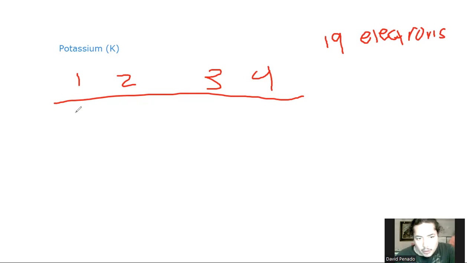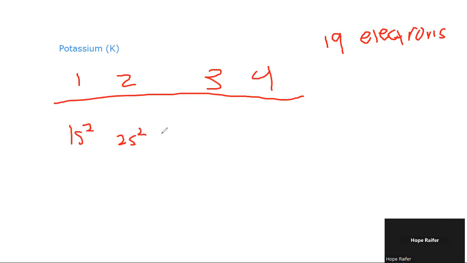So what will be the electronic configuration? 1s2, 2s2, 2p4.